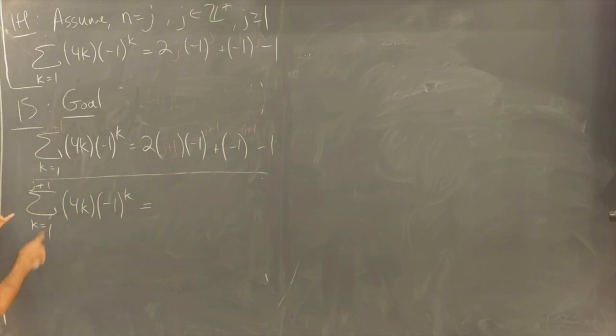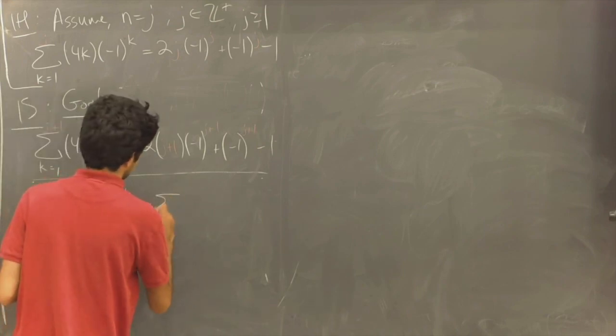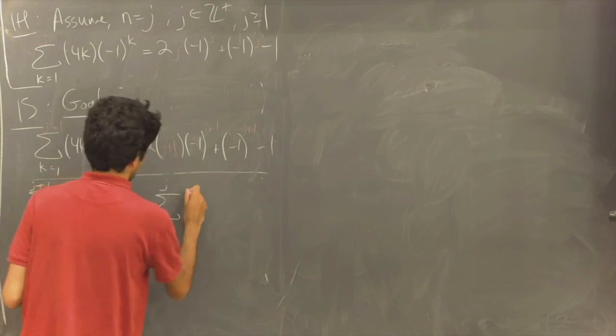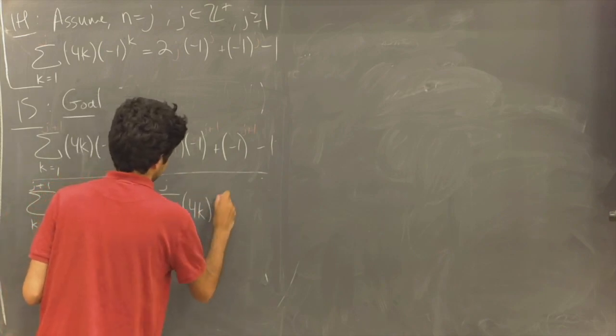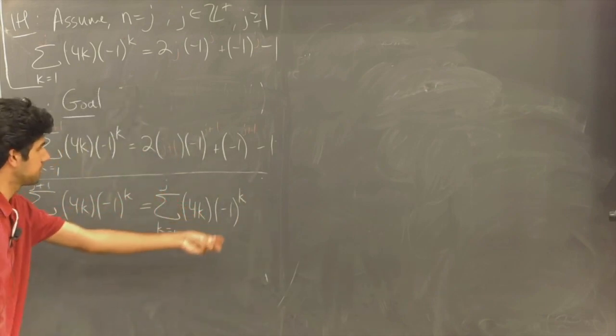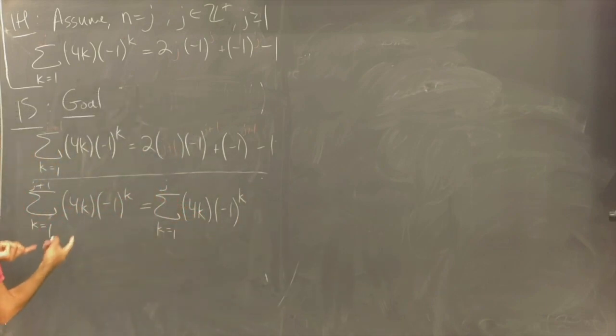So I'm just going to take the summation from 1 to j, and then add on separately the j plus 1th term. So let's write this out. So I've covered the first j terms. Now I'm just going to add on this, but when k equals j plus 1.